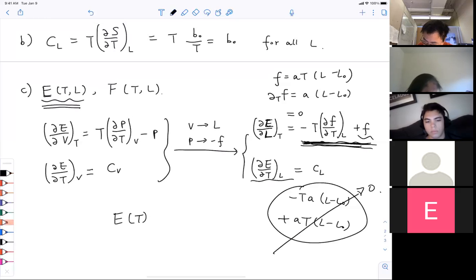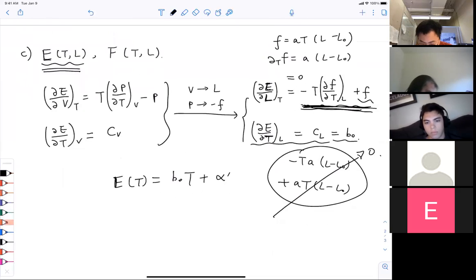And from the second equation, we know the derivative with respect to temperature is B naught. So the expression for the internal energy is B naught T plus some constant, let's denote it alpha prime.